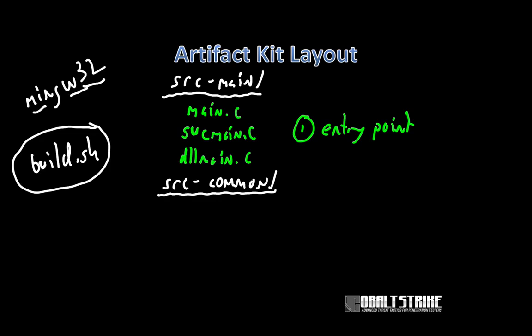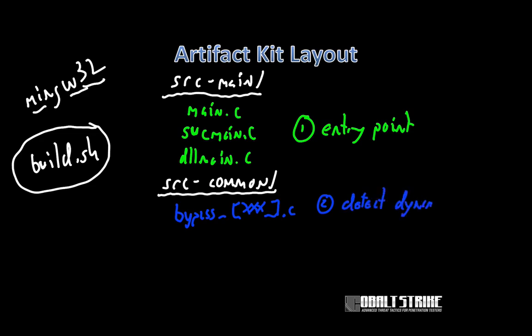The next one we have for each artifact kit option is a C file that is bypass something.c. What this is responsible for is taking steps to defeat the dynamic analysis.